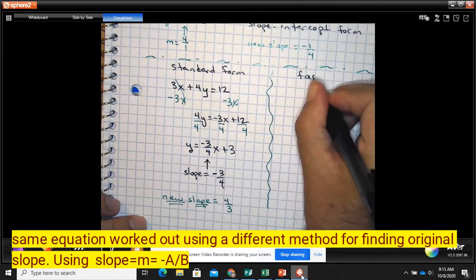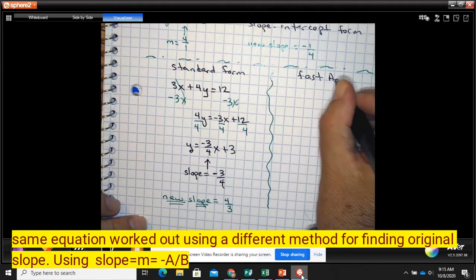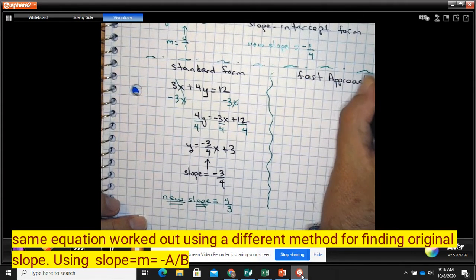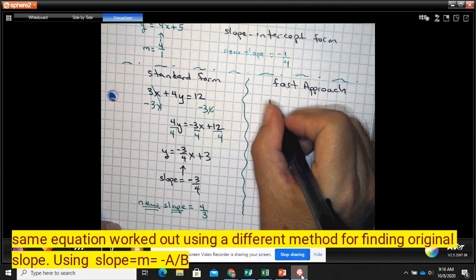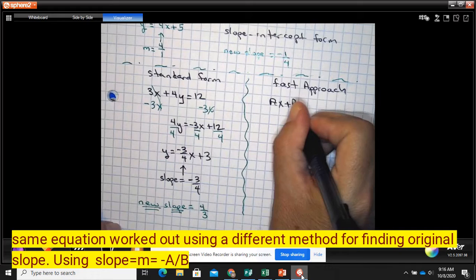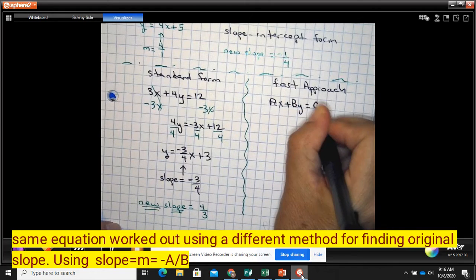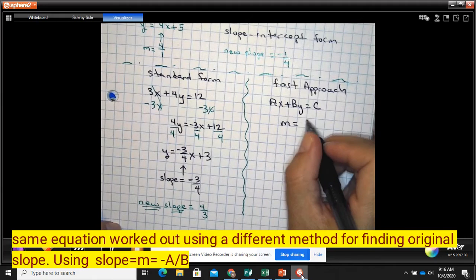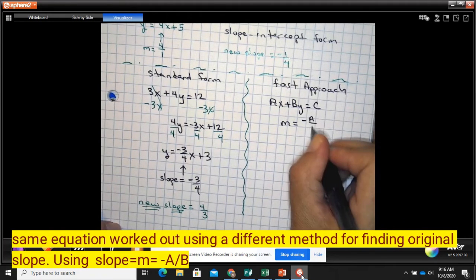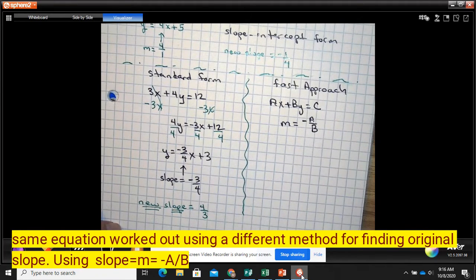So, fast approach. It's something that you want to memorize. If ax plus by is equal to c, then the slope is equal to negative a over b. Always. It's always going to work.